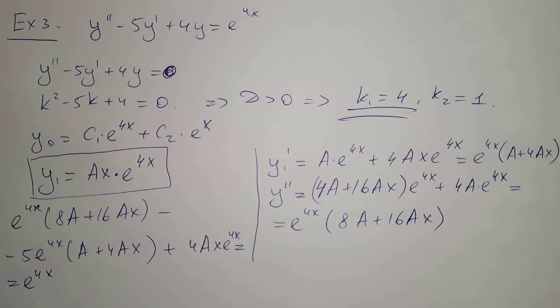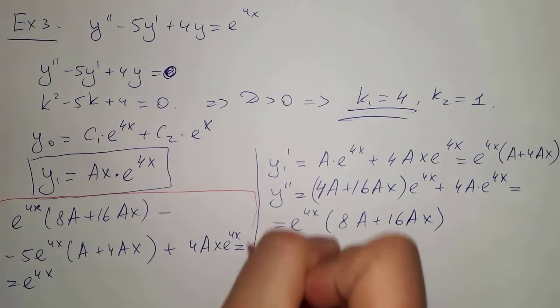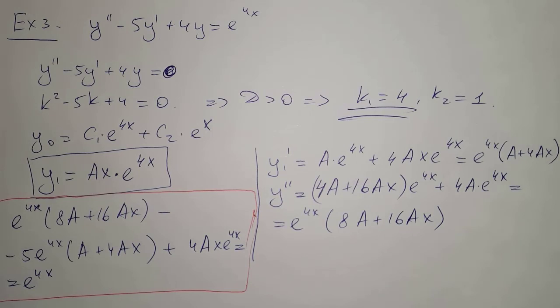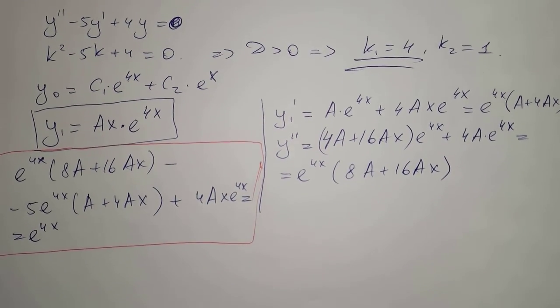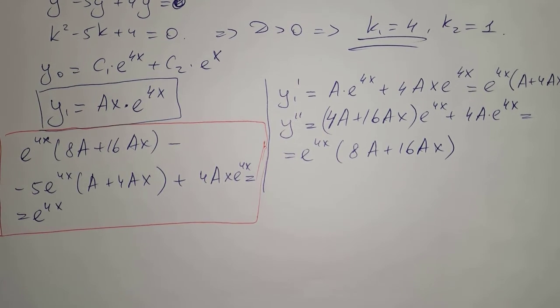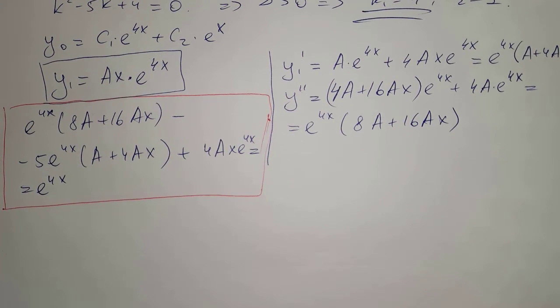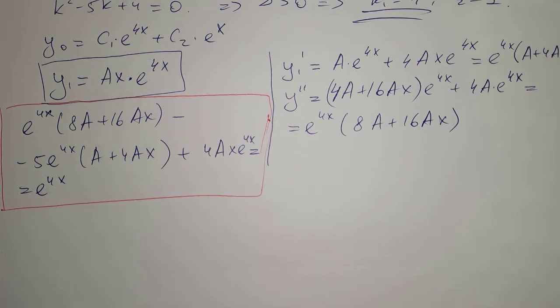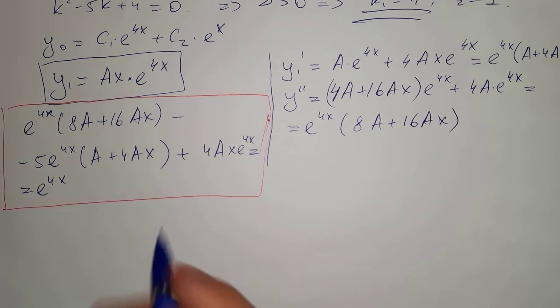And now we need to solve this equation. We can factor out e to the power of 4x, and divide by e to the power of 4x, because it's never equal to 0.